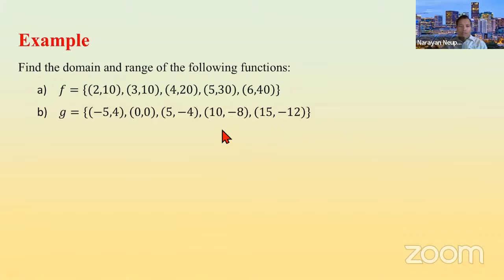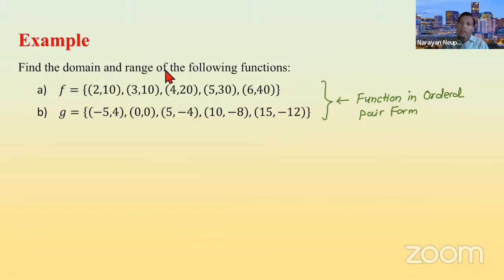Okay, let's work on this. The first thing you need to know is that the functions here are given in the form of ordered pairs. These are the two functions in ordered pair form. What we are asked to do is find the domain and range of the function.